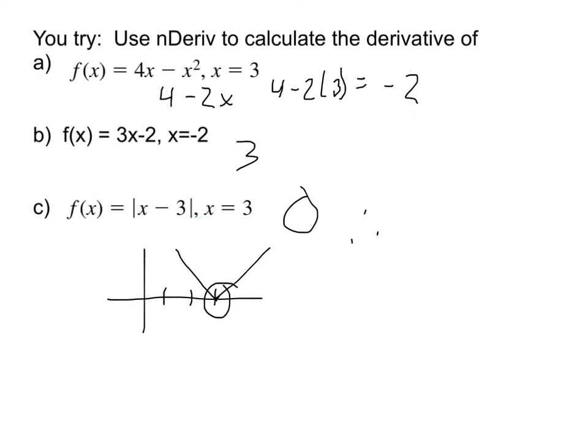Just go to your y equals, do nDerivative, and type in the function in terms of x, so you do the function comma x. It should graph the derivative for you, which is kind of a neat thing. If you want to give that a shot, hit pause and graph one of these on your calculator. The easiest one, part B, should give you a graph of just a horizontal line at 3. Should be pretty easy for you.